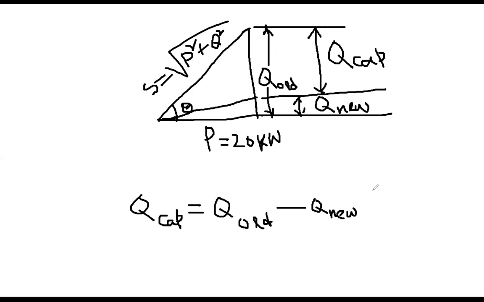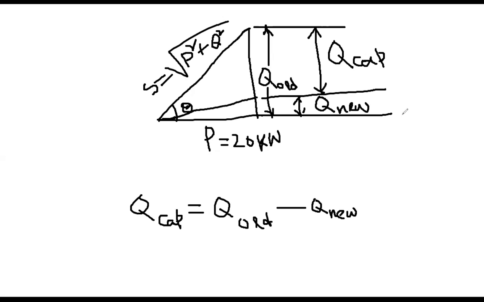First I'm telling you the process. With the help of this triangle, given that this is the 20 kilowatt, you have to find this Q old value and Q new value. Then if you just subtract, that will give you Q cap.